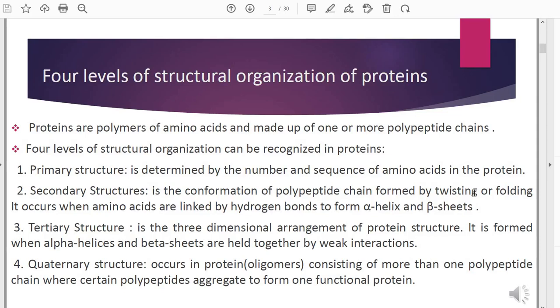يبقى some number of 3 to 9 subunits form the functional protein called oligomers, consist of more than one polypeptide chain, and they aggregate together to form the functional protein. ده هو اسمه the quaternary structure اللي هناخد عليه examples في our next 2 lectures في الكولاجين as fibrous protein والهيموجلوبين والمايوجلوبين as globular protein.